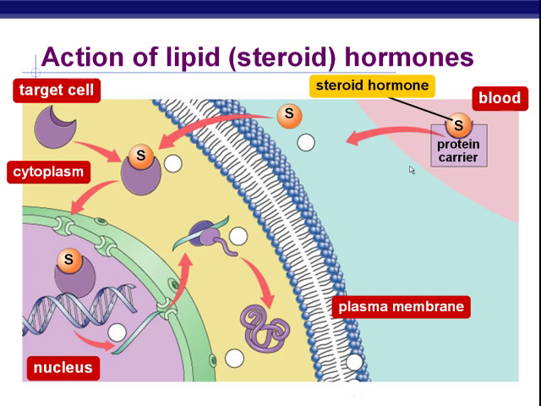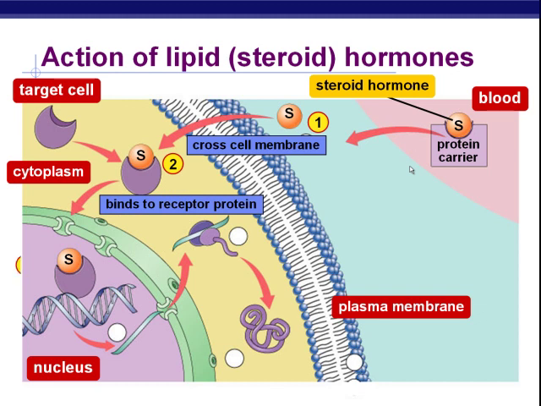Now, the first thing that happens is that this steroid hormone, being a lipid and nonpolar, will be freed across the membrane as long as its diffusion gradient will carry it across. So that happens. Now, once this steroid is in the cell, it will bind to a protein receptor inside the cell, and then that will allow it to journey into the nucleus.